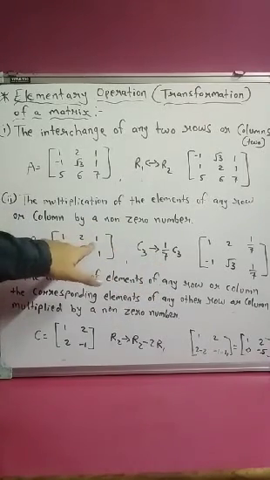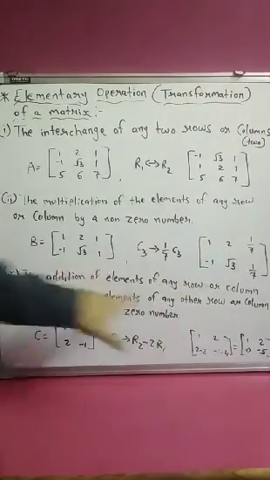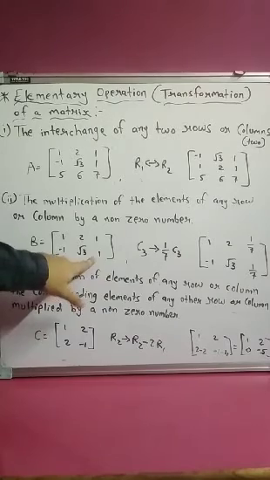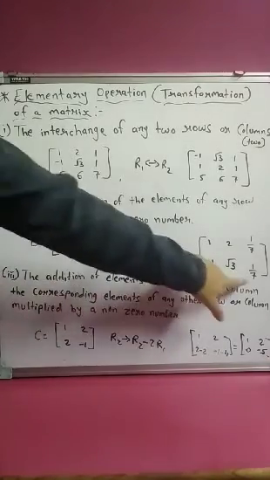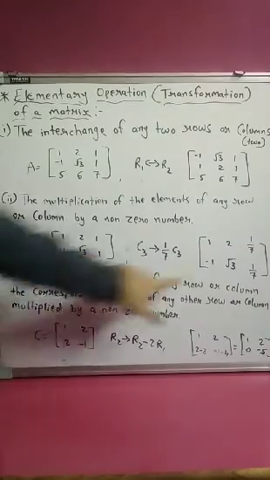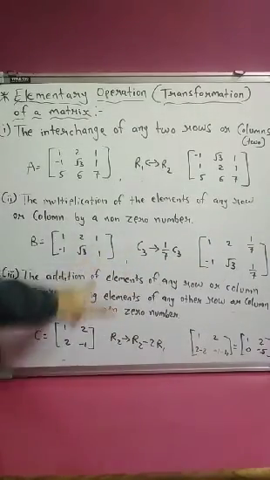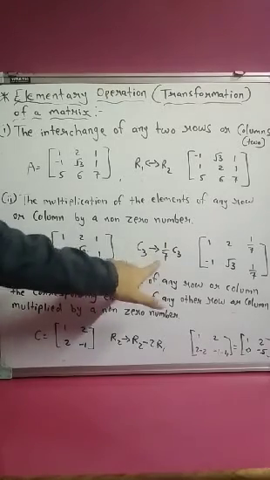So this element of column 3, if we multiply by 1 by 7, then 1 into 1 by 7 is 1 by 7. Here also the same way, 1 into 1 by 7 is 1 by 7. Here you can note one thing, all other elements are as it is. See, 1 and 1, 2 and 2, minus 1, root 3, root 3. But only column 3 is multiplied with 1 by 7.